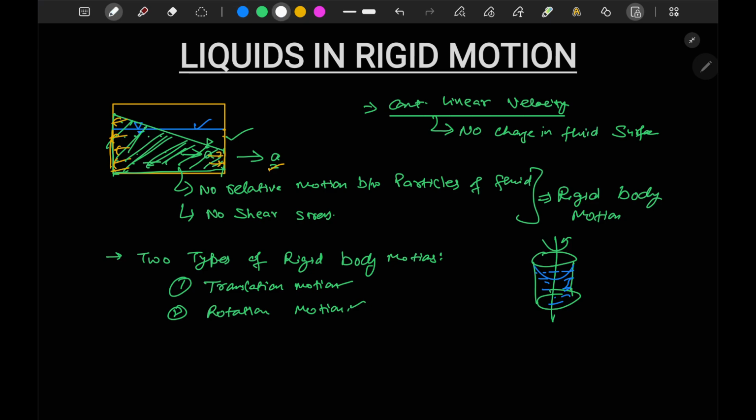Now we will start our first topic, that is rigid translation motion.